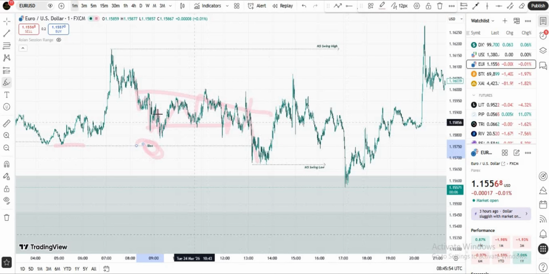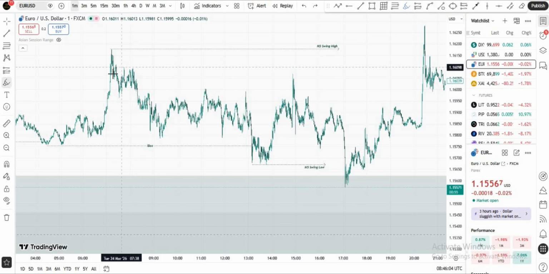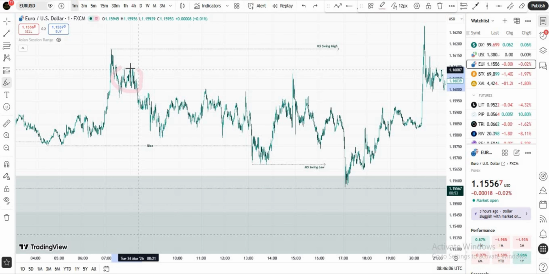I tried to understand everything that goes on here. What I ignored during the pre-market analysis was also this extreme demand zone. I didn't consider this block because I thought that block was already being used.